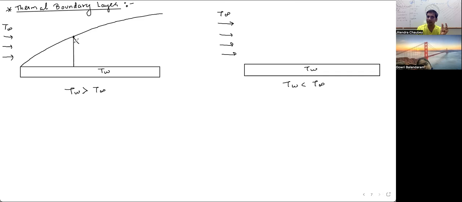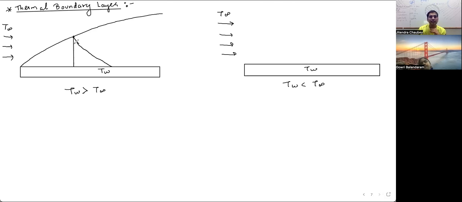So you can say that the x-axis is increasing because the fluid is trying to become like the surface. It means the temperature of the fluid is increasing and it is reaching the value of wall temperature. The deeper you go, the higher the fluid temperature, and at the bottom the fluid temperature will be equal to the wall temperature.